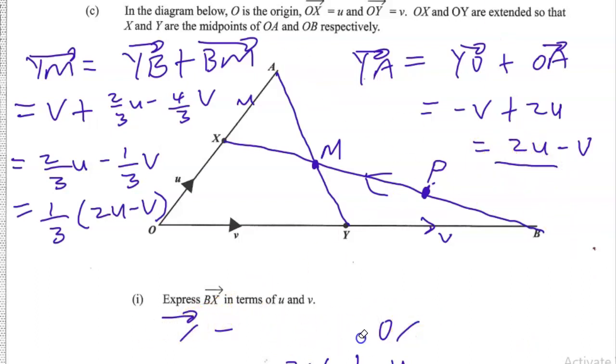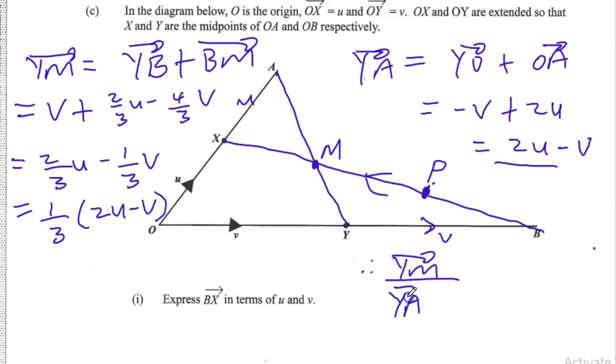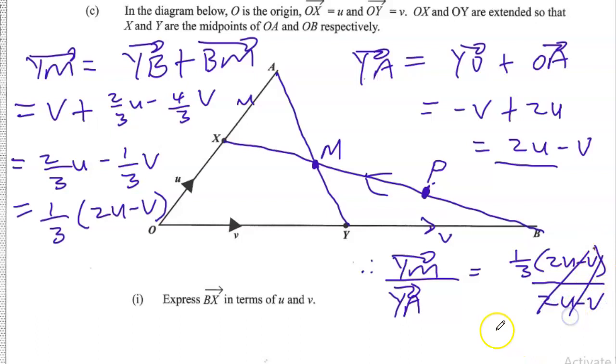The ratio of YM over YA: YM is 1/3 (2u minus v), and YA is 2u minus v. These are the same, so they divide into each other to give 1. So YM over YA gives us 1/3.